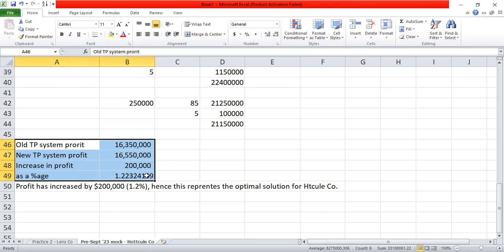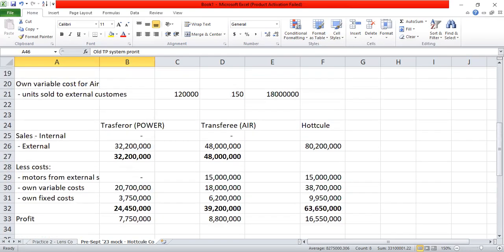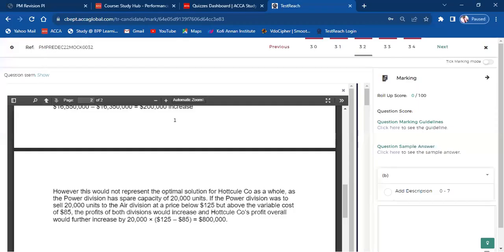But the examiner is going beyond that to say that, okay, if they had produced the extra 20,000 and sold at 125, and this 125 is definitely above the variable cost of producing the extra 20,000, then profits would have gone up by, what's the variable cost per unit in power? In power, variable cost, oh, the question is not here. Who remembers powers? Okay, it's here.